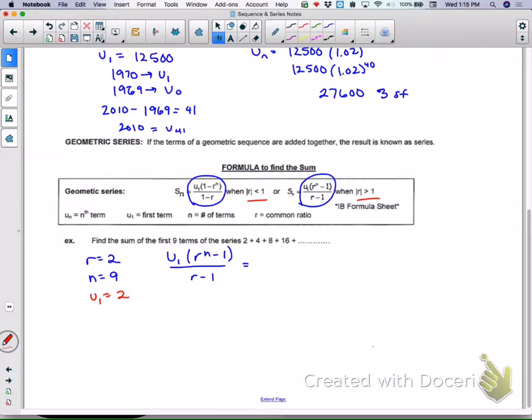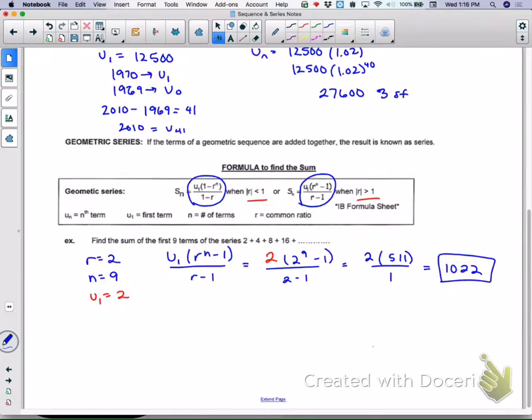So in this case, my first term is 2, 2 to the 9th power minus 1 over 2 minus 1. That's going to give me 2 times 511 over 1, which gives me 1,022. Now again, if you did it with the other formula, you'll end up with a negative on the top and a negative on the bottom, and the negatives cancel out, and you still get 1,022.